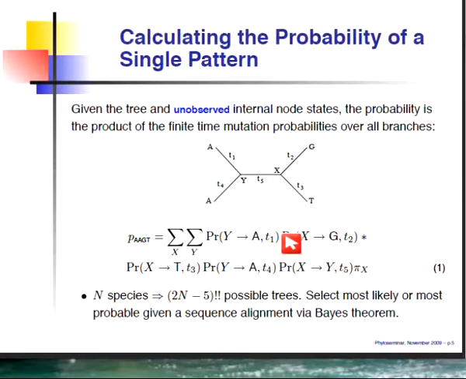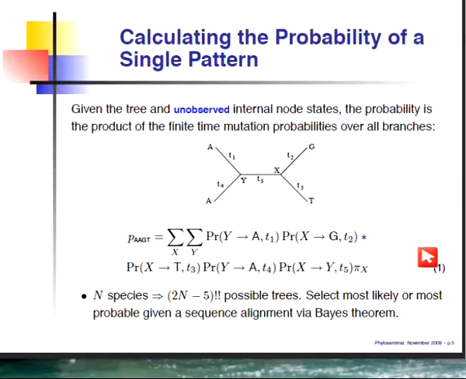For example, we have the probability of some state Y mutating to A in time 4. Likewise, we have Y mutating to A in time 1. Equivalently, we have the transitions from X to G and X to T and X to Y. What we don't know, however, are the unobserved values of X and Y, and so we're going to integrate, or in this case it's a discrete sum, over all possible realizations.